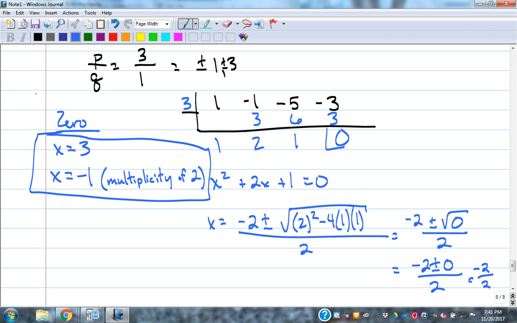Because how many zeros should I have total for that problem? 3. The 3 counts as the first one, but negative 1 counts twice because the graph bounced off the x-axis at that spot. Anytime it bounces like that, it's going to count an even number of times. Okay? And since when we did quadratic, that was the only answer we got, that negative 1 counts twice because it comes from a quadratic formula. Okay.